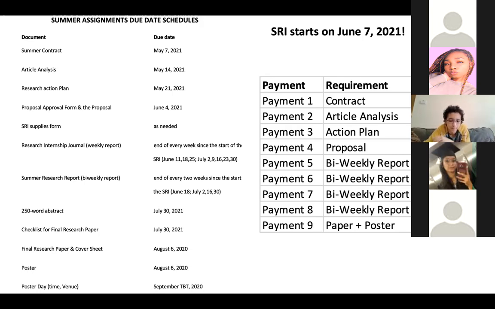And then every time you turn in your hours, so every 2 weeks, we will be paying your stipend. That goes through the end of the SRI, with the last payment being after July 30th. And then your final payment is going to be after you submit your paper. When you submit your paper, that's the maximum amount you will get, the $600.